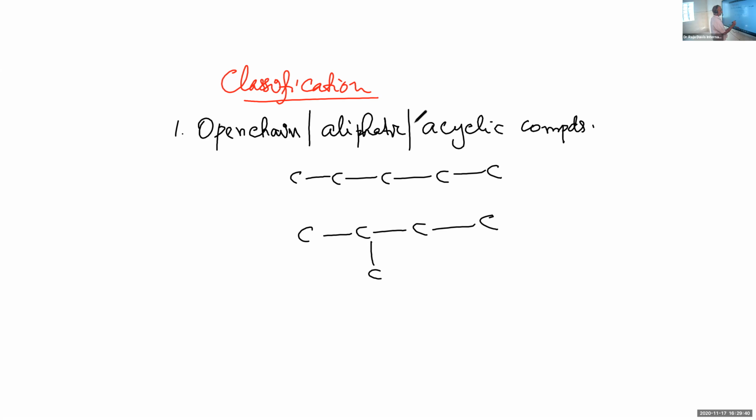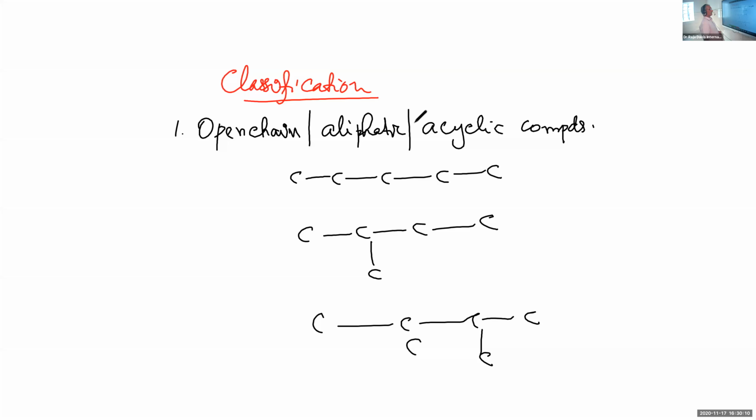But here there is no ring formation, as we have seen in the case of cyclopropane, cyclopentane, cyclobutane, etc. The bonds are not closed. So that is an open chain compound. There is no ring closure.